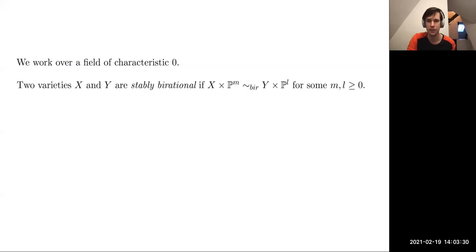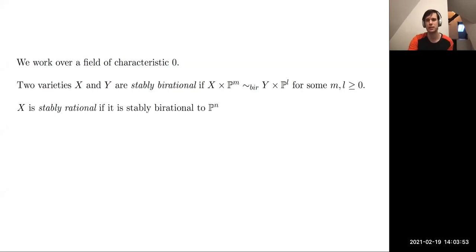Just a first definition, to set the stage. We say that two varieties, X and Y, are stably birational if they become birational after taking a product with a projective space. This is an equivalence relation.